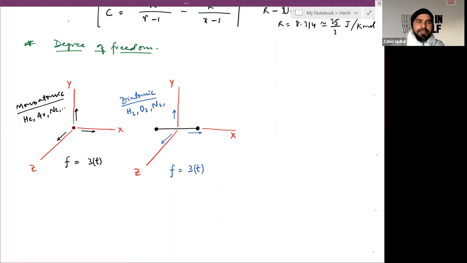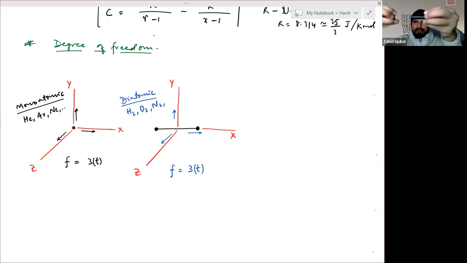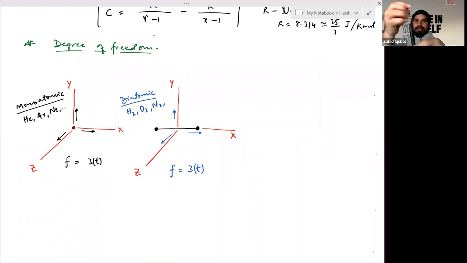Next, this particular gaseous molecule may contain some rotational energy. Suppose we have a diatomic particle like this. If I'm seeing along the y-axis, it will tend to move along this coordinate, rotation possible. If I'm seeing this molecule from the z-axis, there will be rotation possible towards this.